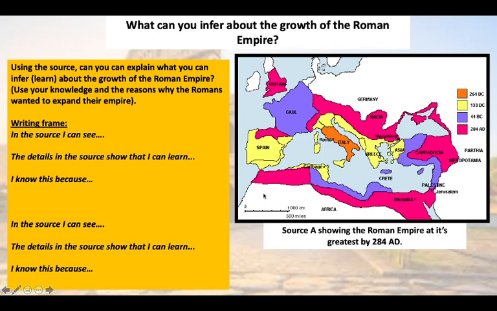What can you learn from this map as well? Where did the Romans conquer? How did the Romans expand their empire? And then I want you to back this up with your knowledge. So this is all the knowledge that you've used in the previous tasks that I've set you today. Okay, and then I want you to repeat your structure again. So I want 2 nice paragraphs from you, please, Year 7.